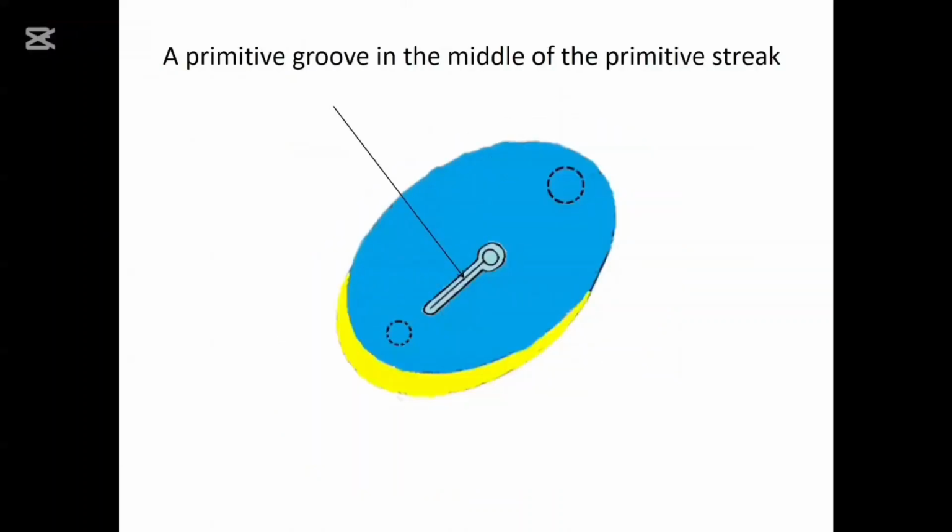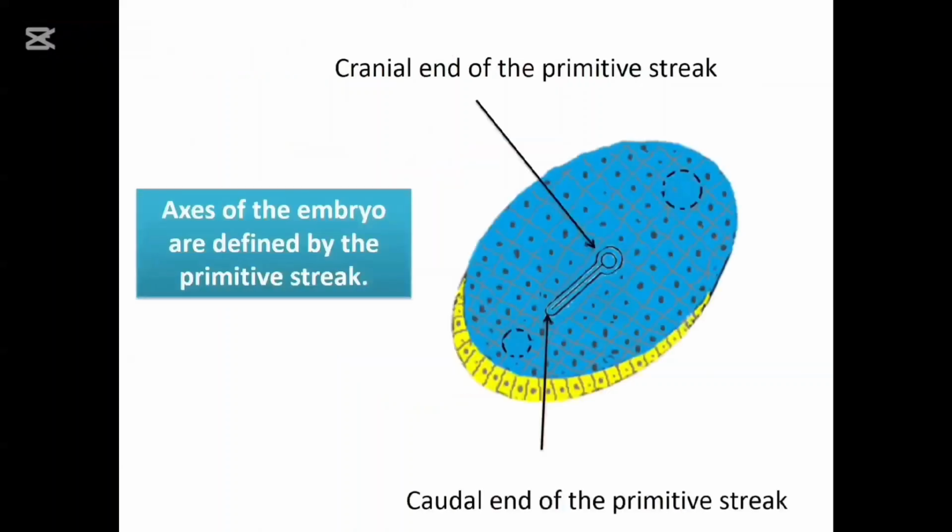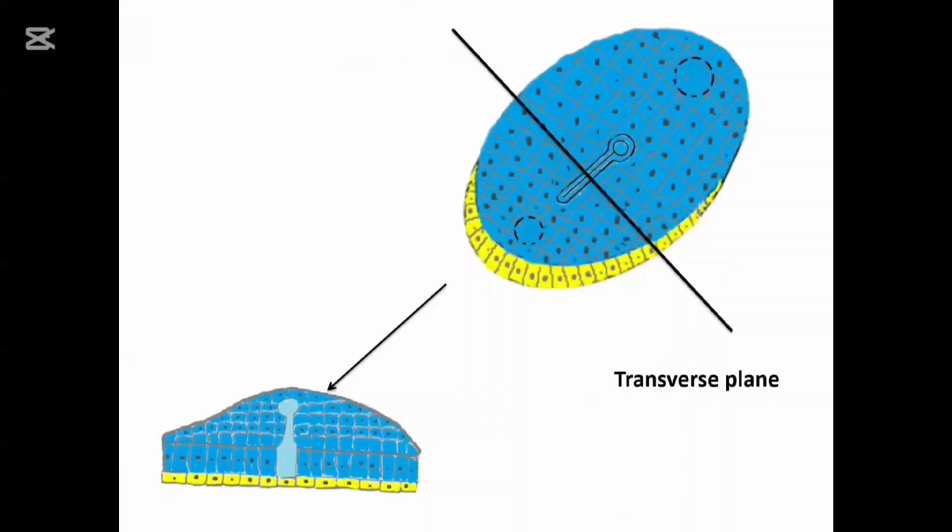A primitive groove in the middle of the primitive streak is another structure. And we have a cranial end of the primitive streak and a caudal end. So the axes of the embryo are defined by the primitive streak. This is the first axis of the future embryo, as it has a caudal end and a cranial end.